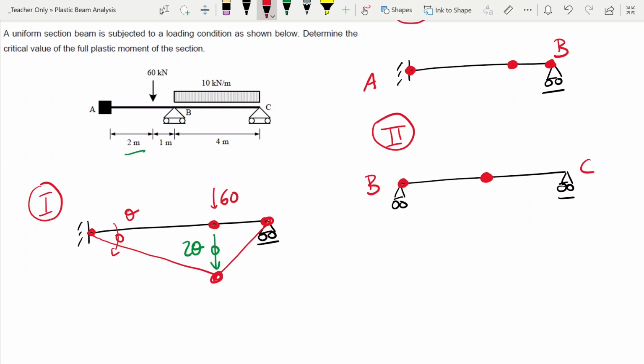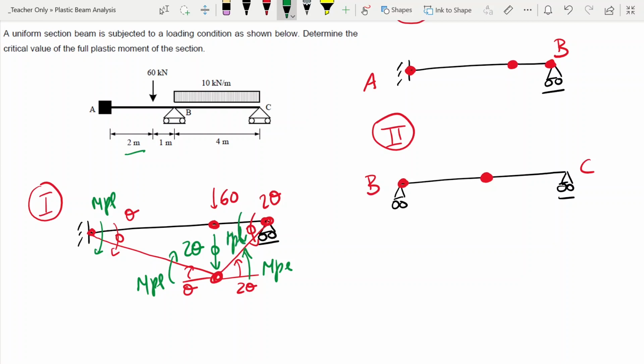So if that's theta and the displacement is 2 theta, this angle here has to be bigger, will also be 2 theta, and these two angles already are determined. This is theta and this is 2 theta. Similar to before, to have the collapse mechanism occurring and to have the plastic hinges, we need these MPs to be there, and now we can start calculating our structure.